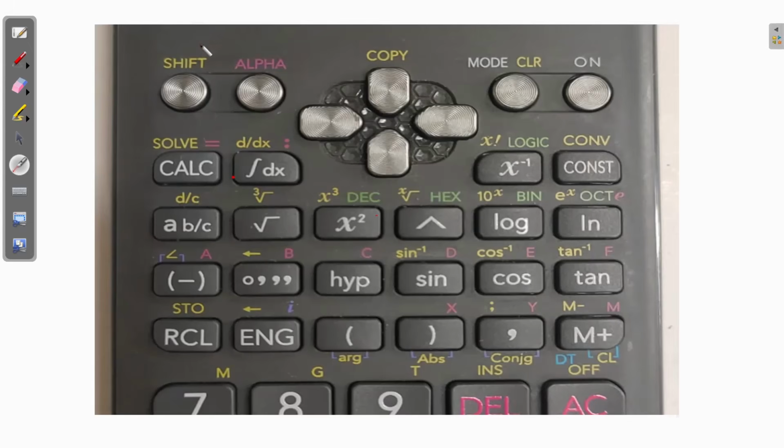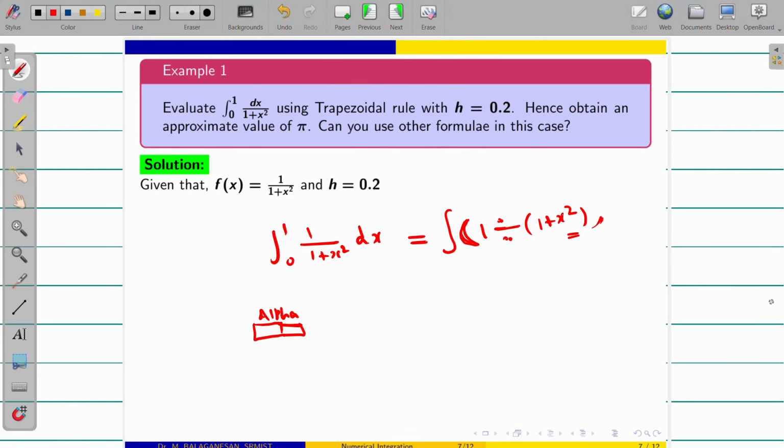We have to use this button now to give the limits. Comma, lower limit. What is the lower limit? 0. What is the upper limit? So comma lower limit. Again press comma, upper limit is 1. As I told you already, there will already be one brace while you are using this integral symbol.